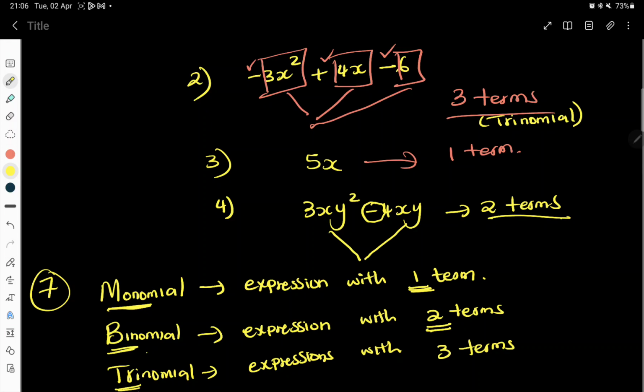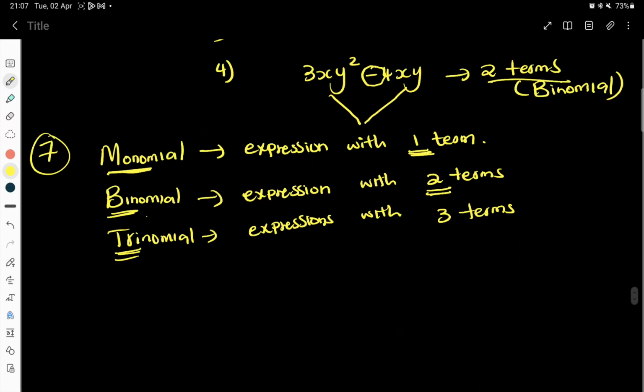Then we've got 1 term. When you have 1 term, it's a monomial. Then again, you've got 2 terms, which is known as a binomial. These things are very easy, guys, and they are enjoyable, so please make sure you learn the terminology first.